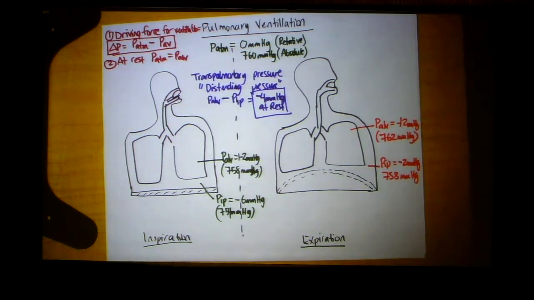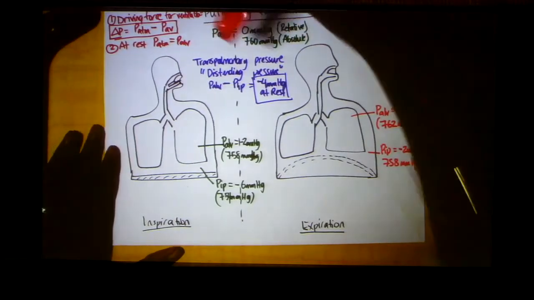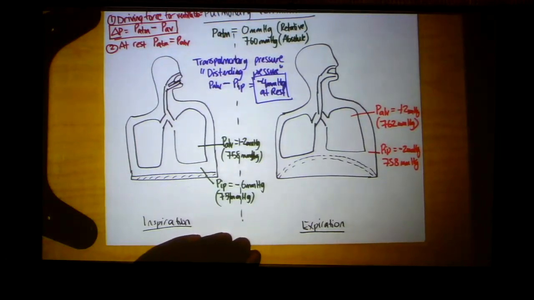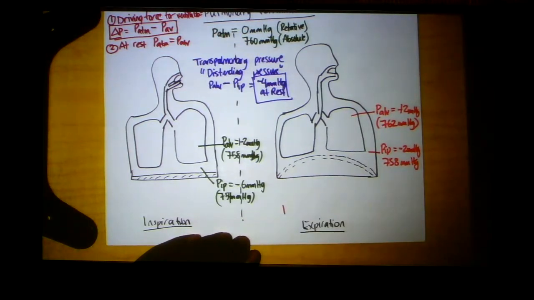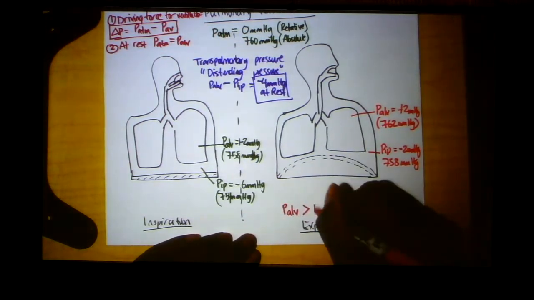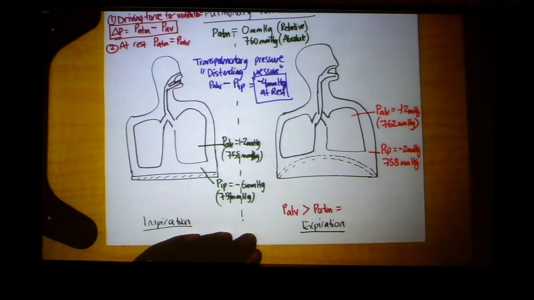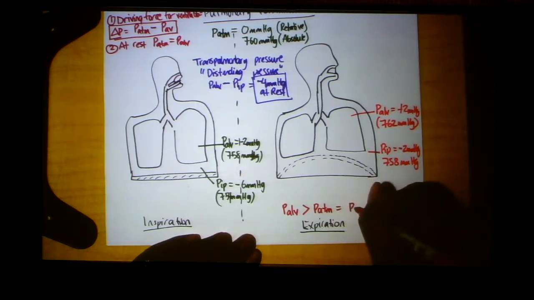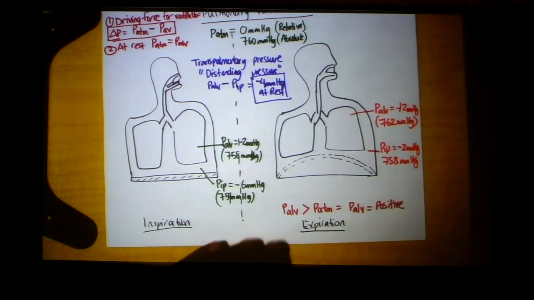Okay, so let's make some general principles here. We said that in order for expiration to occur, the atmospheric pressure must be less, or we can say the alveolar pressure must be greater than the atmospheric pressure. In other words, the alveolar pressure must be a positive value. Okay?